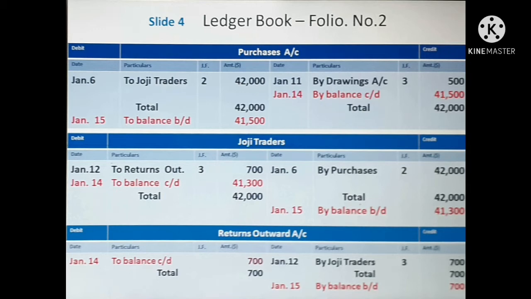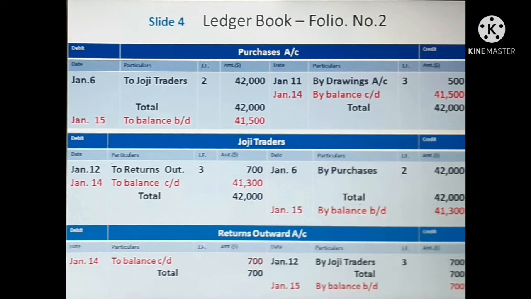Purchase account is an expenditure account. All goods purchased for sale, whether purchased for cash or on credit, come in the debit side of purchase account. In the credit side, very rarely a few postings like goods taken by owner for personal use. So normally purchase account will have only a debit balance. All expenditure accounts will have only a debit balance.